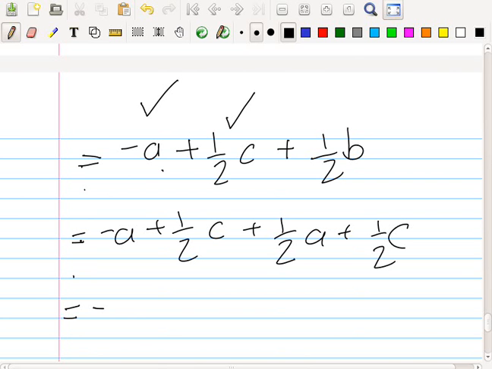Minus half, in total it'll be minus a half, because this one together with this one. And then how many C's? One C. A half C plus a half C? 1 C. So the answer is AM equals minus a half A plus 1 C vector.